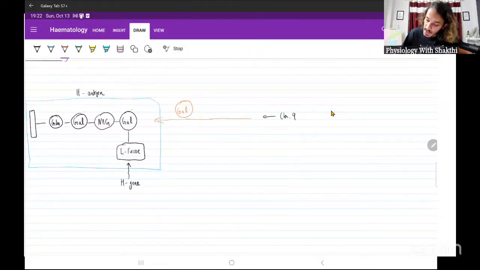That becomes your A blood group, because that person having that structure has an A antigen.